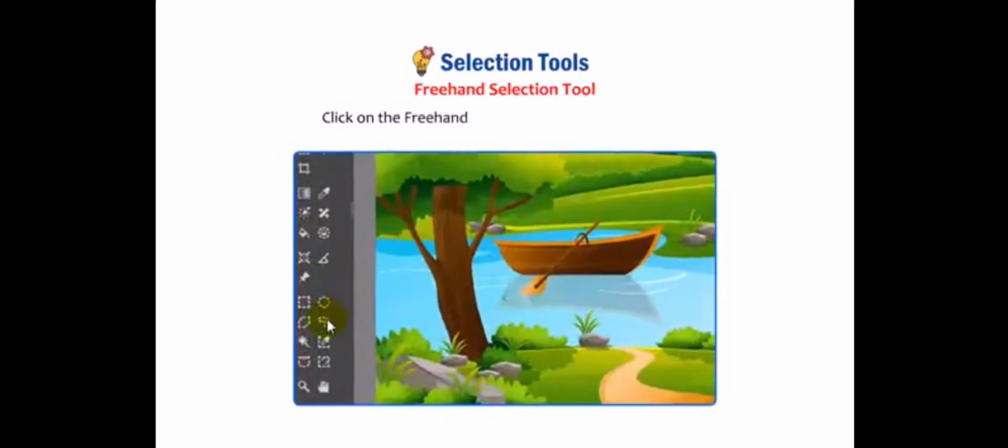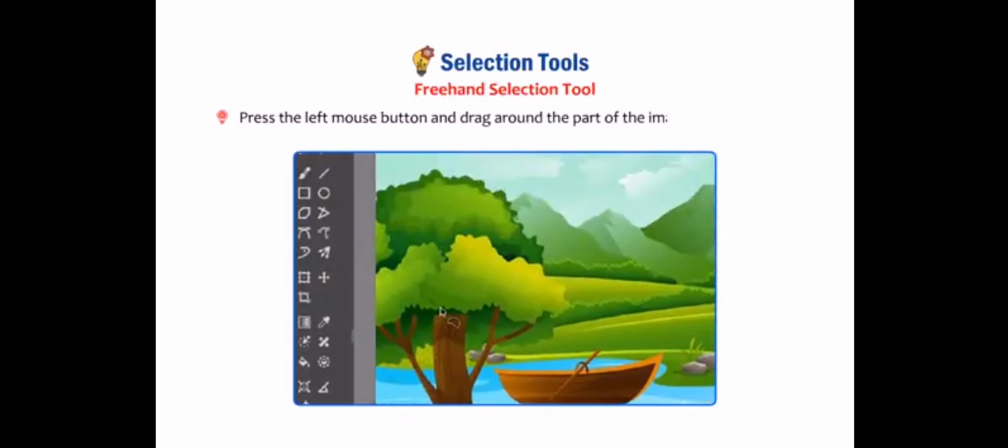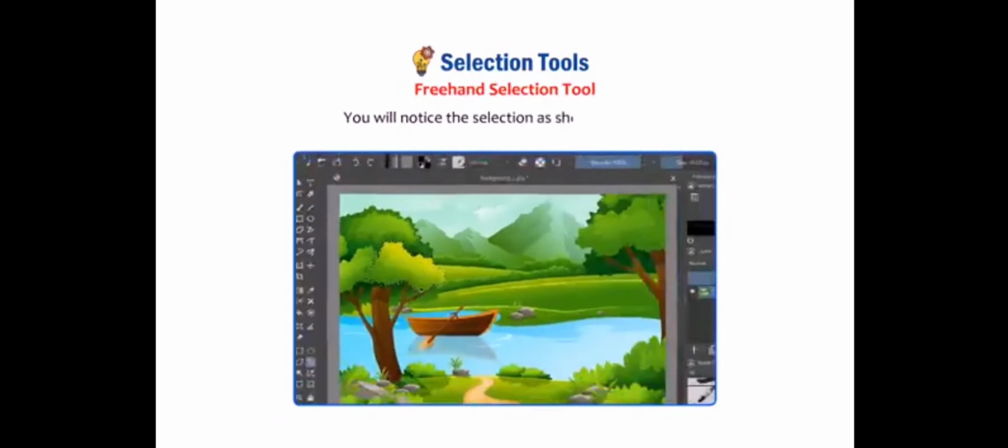Click on the freehand selection tool in the toolbox. Press the left mouse button and drag around the part of the image to be selected. This will mark the selection. Release the mouse button at the end point. You will notice the selection as shown in figure.